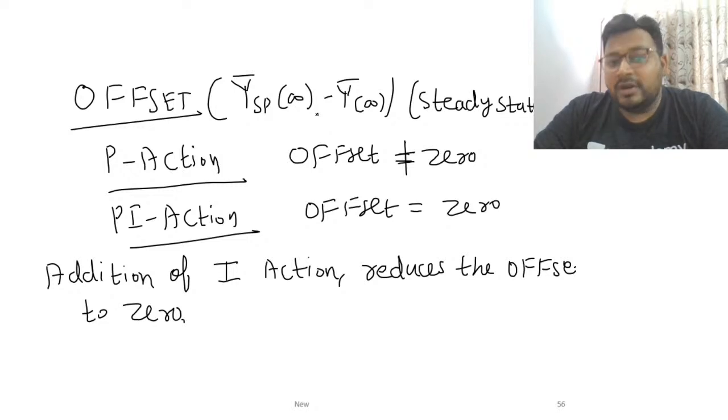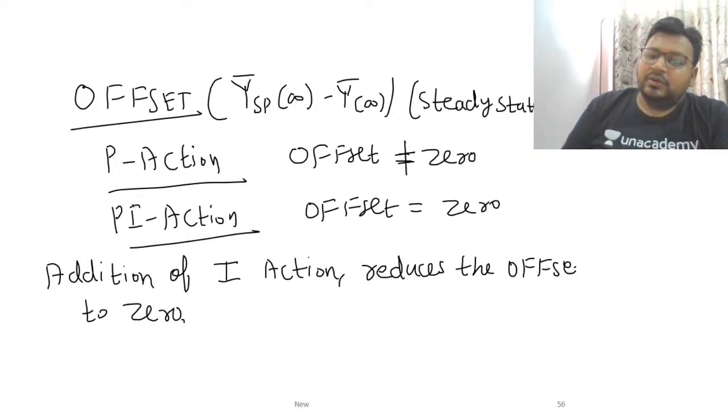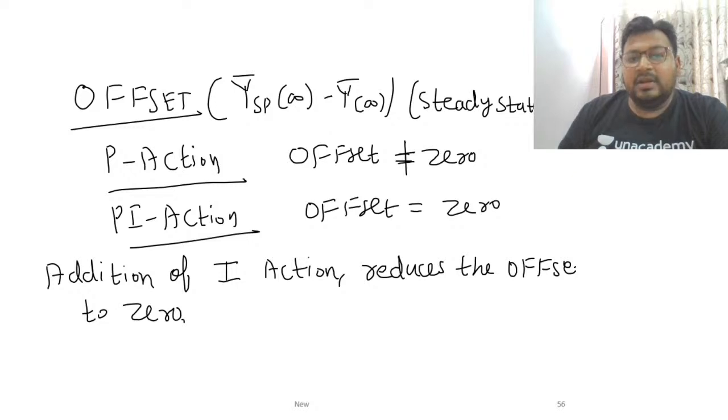But if you want a BMW and you are having some other car, then your offset is non-zero. So in the case of P action, your offset is non-zero, but in the case of PI action, your offset is 0. So addition of I action reduces the offset or increases the offset? It actually reduces the offset.